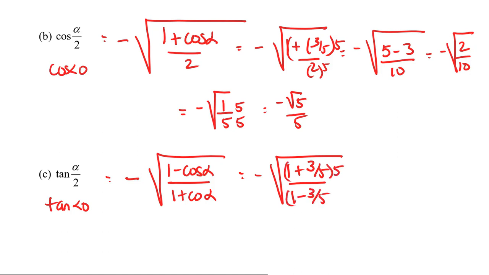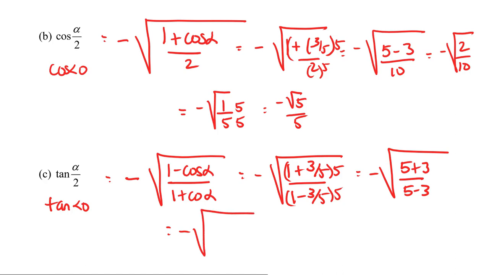I'll multiply by 5 over 5, and now I've got the square root of 5 plus 3 over 5 minus 3, which is equal to the negative square root of 8 over 2, or the negative square root of 4, which simplifies to negative 2.